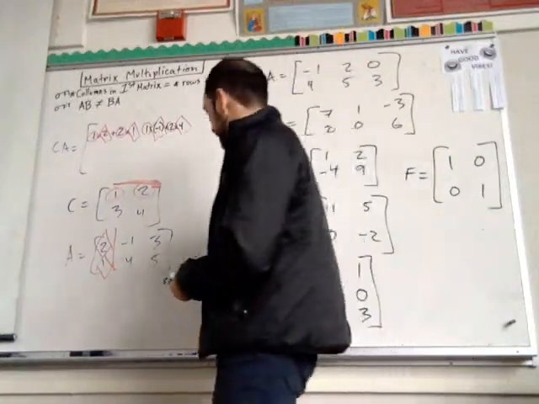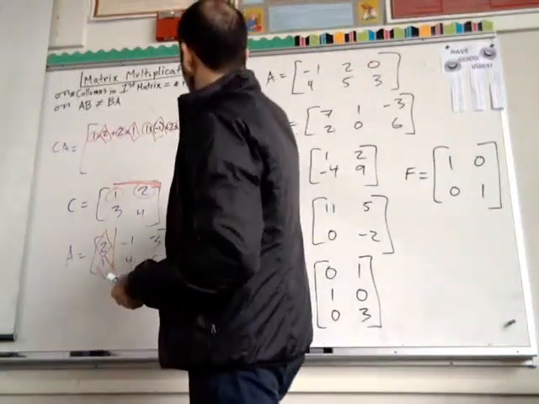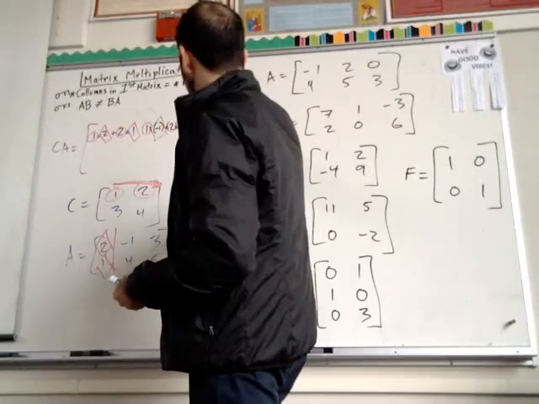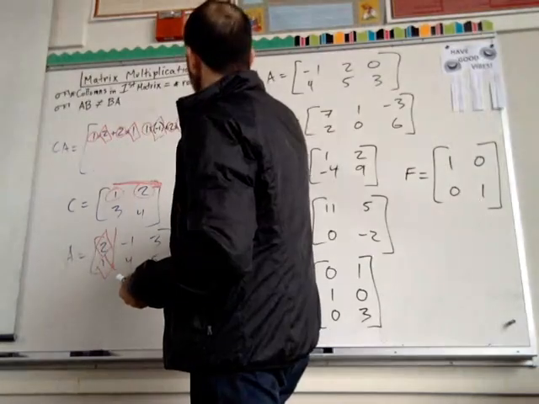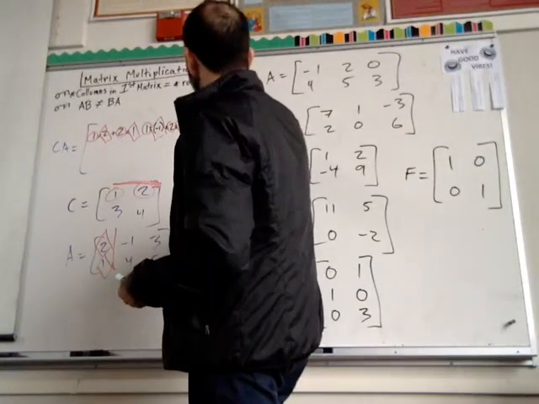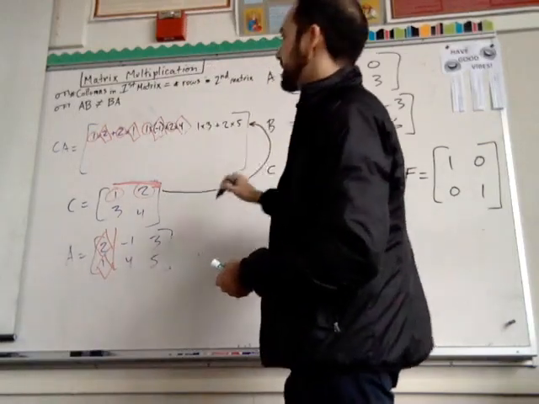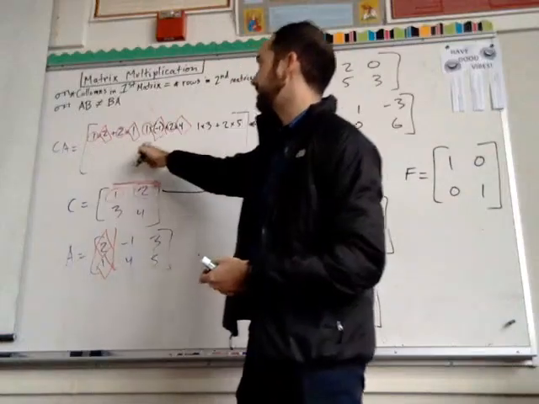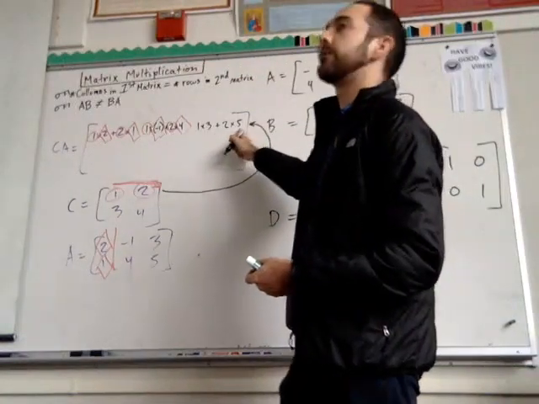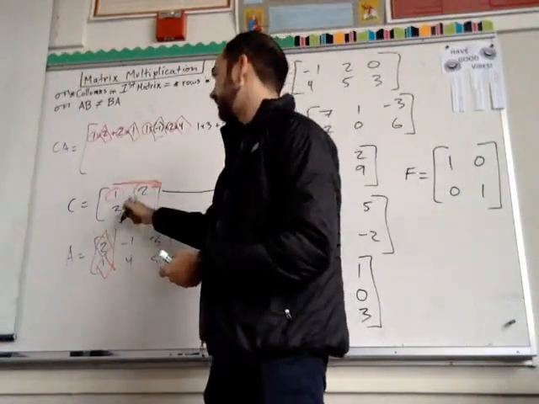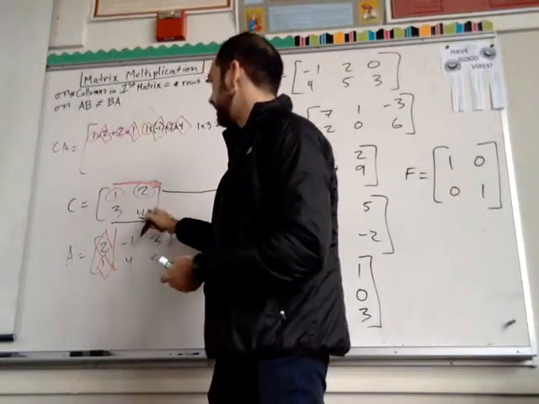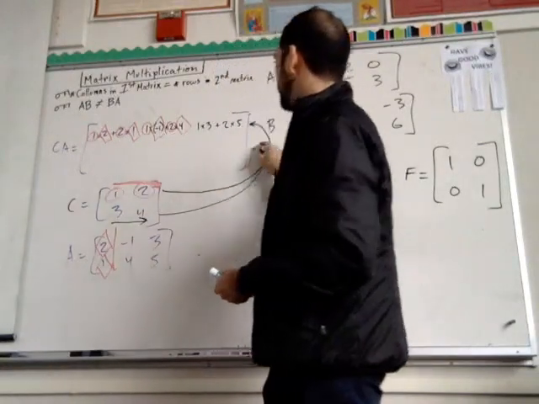Okay. So if we're going to look here, we end up with 1 times 3 plus 2 times 5. This row for C is always going to be, in our new matrix, the entries for the new matrix in row 1 are going to come from that. And then when we get to this next row, that's going to be lined up here.